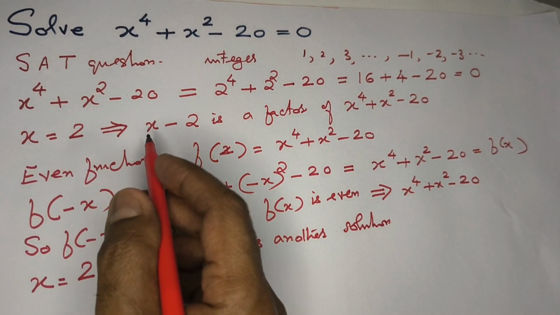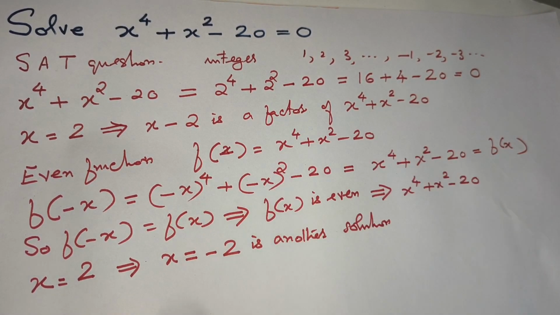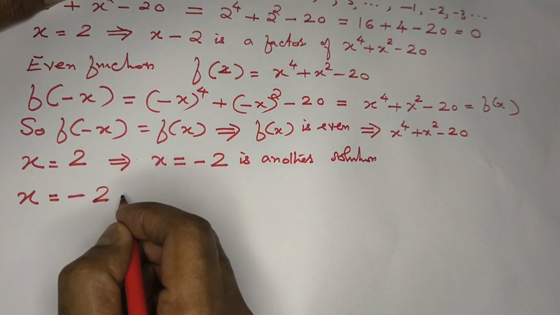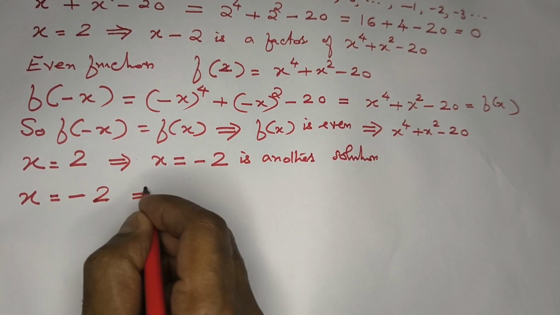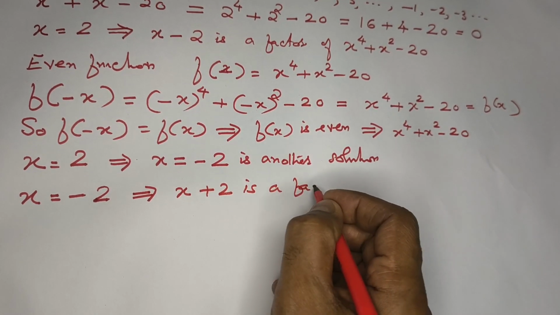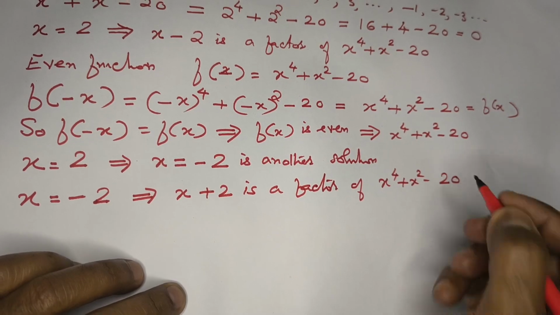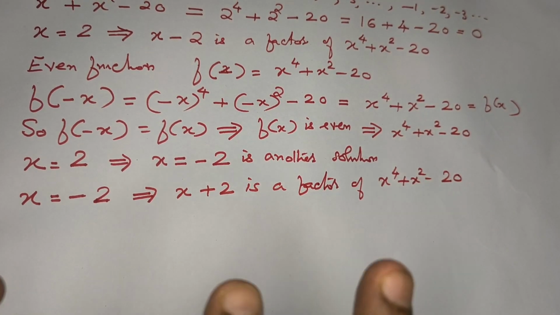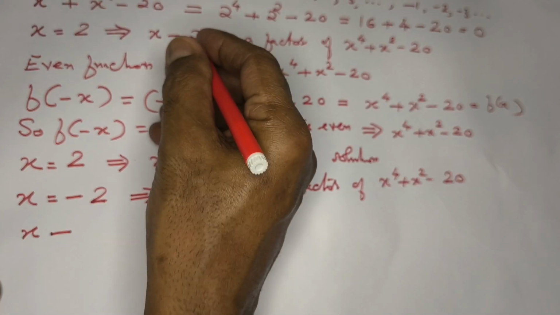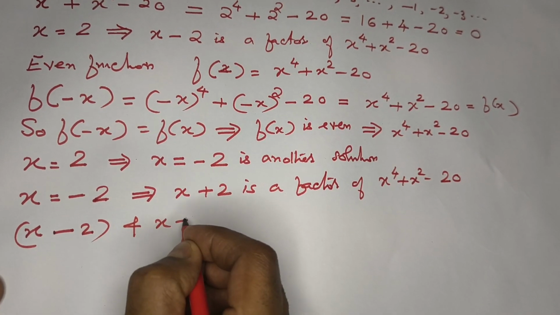If x equal to 2 is a root, as you know, x minus 2 is a factor of this polynomial. Similarly, x equal to minus 2 is a root implies x plus 2 is a factor of x power 4 plus x square minus 20. Rather, we have got two factors of this fourth degree polynomial: x minus 2 and x plus 2.